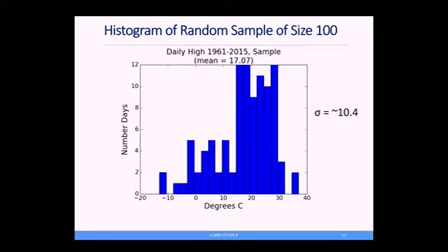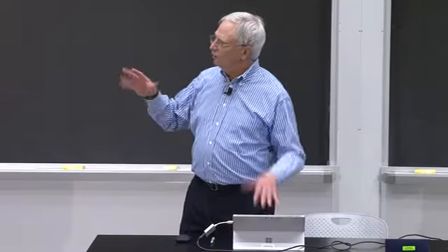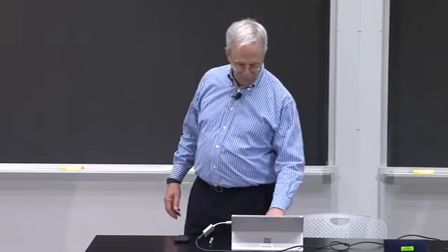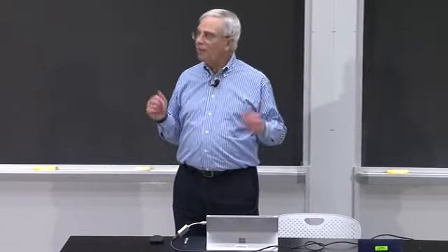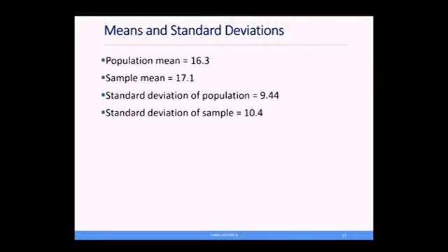Its standard deviation is 10.4, its mean 17.07. So even though the figures look a little different, in fact, the means and standard deviations are pretty similar. If we look at the population mean and the sample mean, and I'll try and be careful to use those terms, they're not the same, but they're in the same ballpark. And the same is true of the two standard deviations.